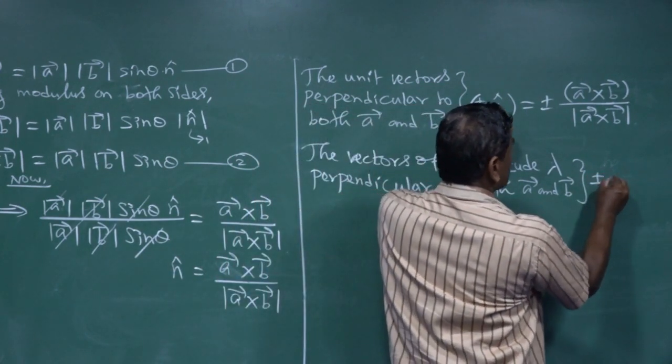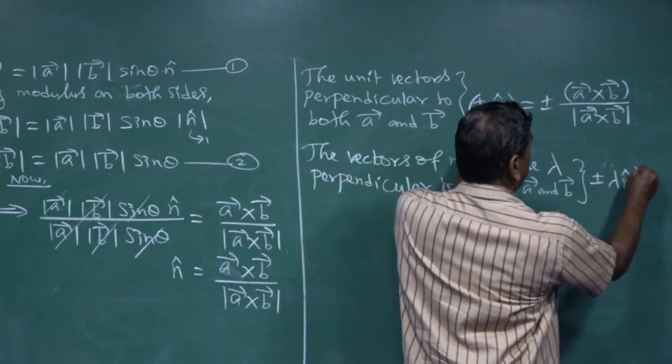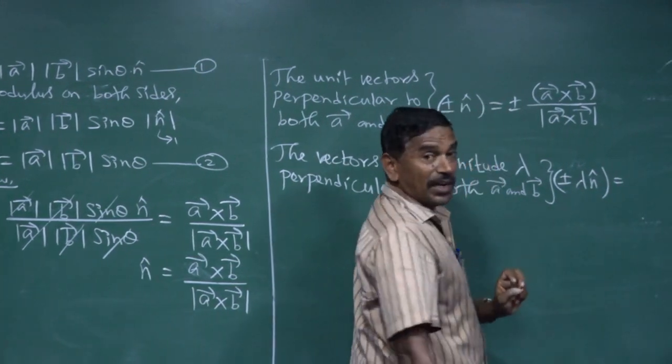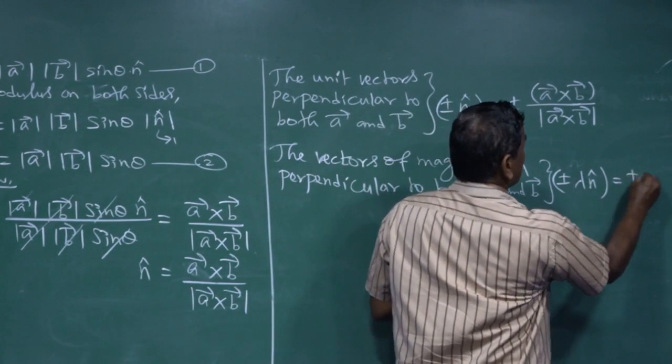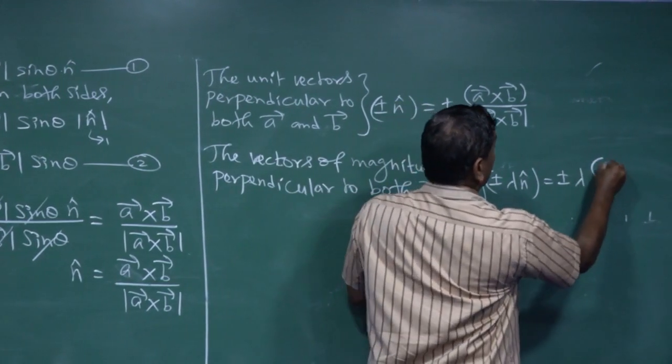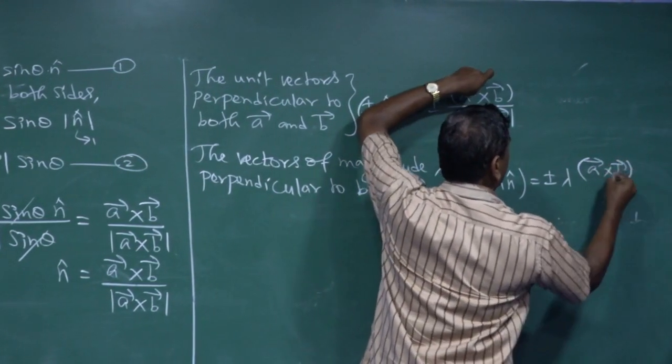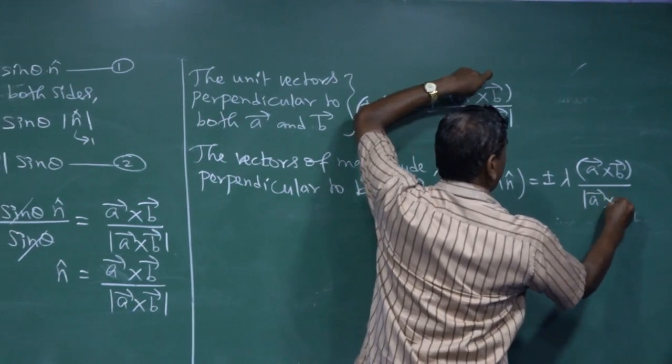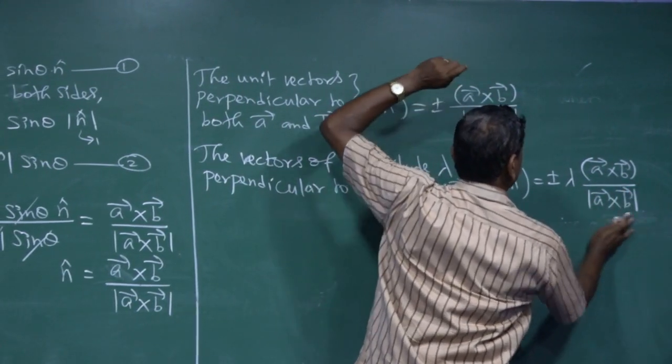Plus or minus lambda into n cap is equal to plus or minus lambda into A vector cross B vector divided by modulus A vector cross B vector, that's all.